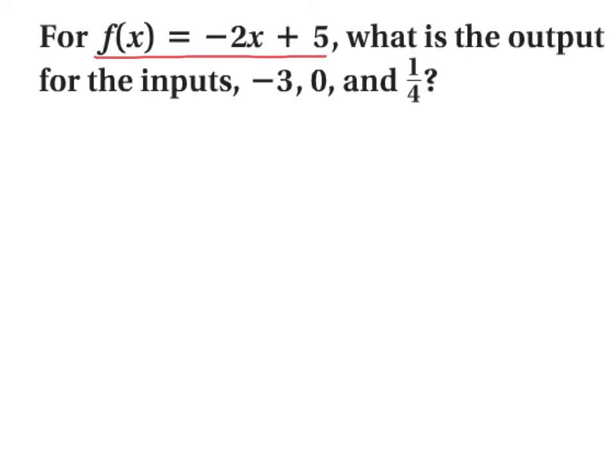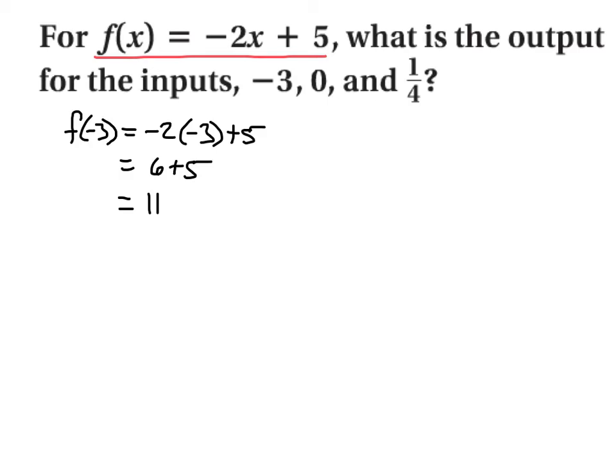And if I want to substitute negative 3 into it, I write f of negative 3 equals negative 2 times negative 3 plus 5. And then I simply go through and simplify that down. So negative 2 times negative 3 is 6, plus 5 gives me 11.